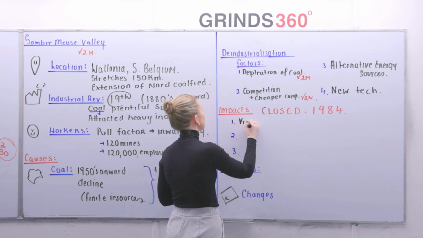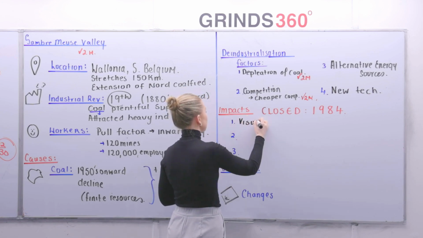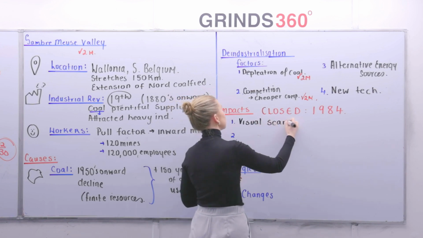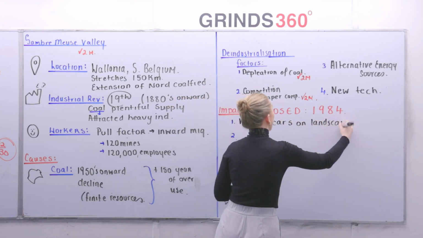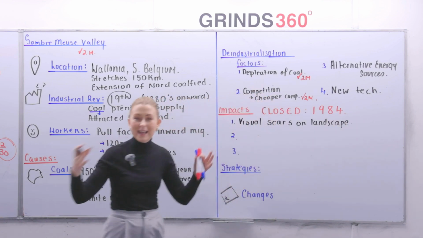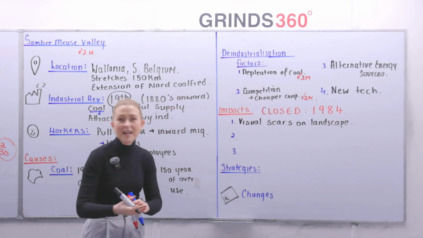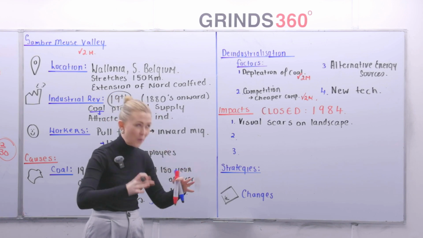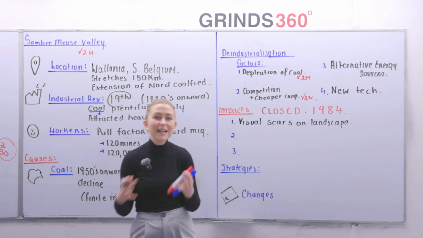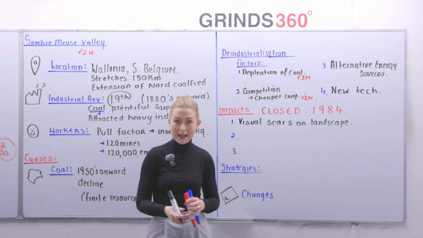First one was visual scars on landscape. What did we describe? The overgrown slag heaps, the derelict factories, all of this, the overgrown slag heaps, abandoned collieries, derelict factories were all the telltale signs of a once industrial area.